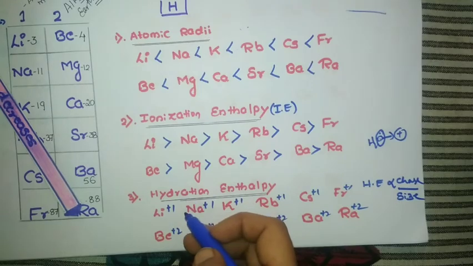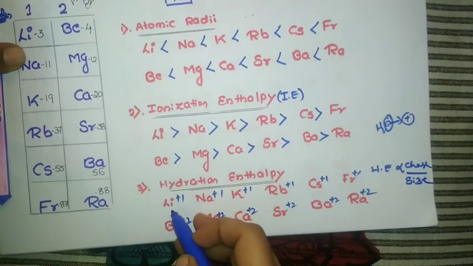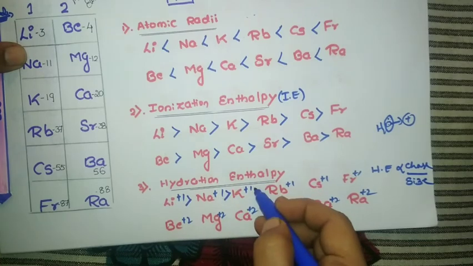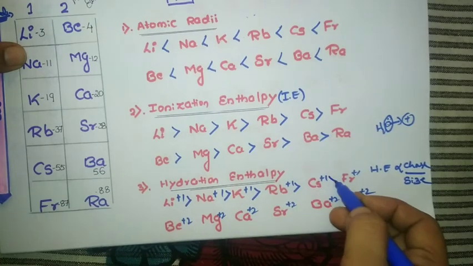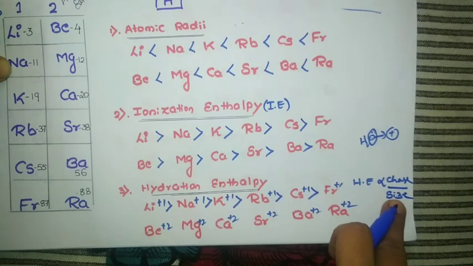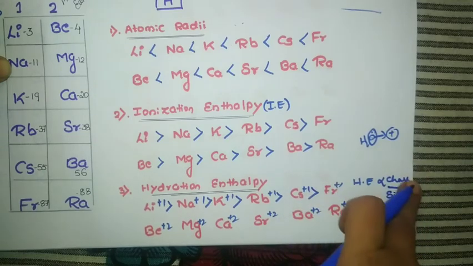So the trend will be lithium having the highest hydration enthalpy, followed by sodium, potassium, rubidium, cesium and francium. Since it's a radioactive element, let's take cesium: it has less hydration enthalpy because of its larger size. Do remember this point.